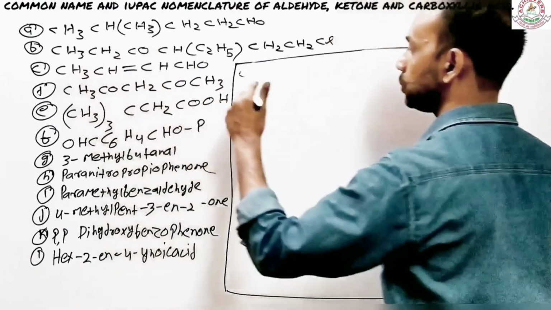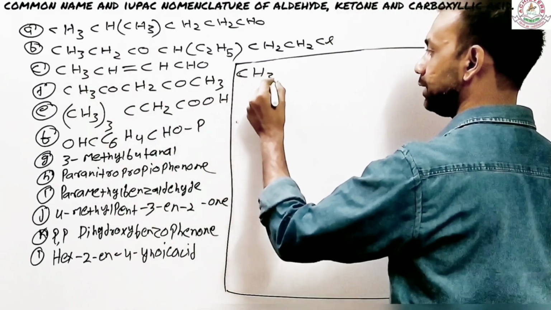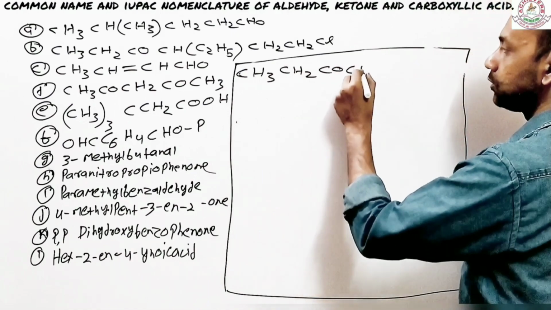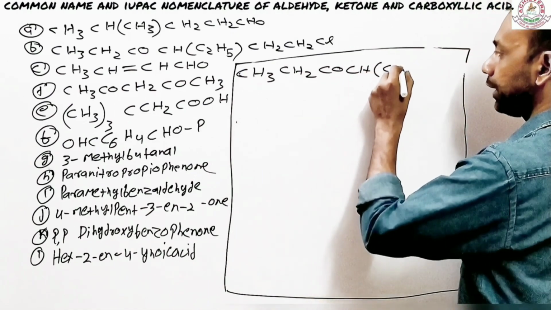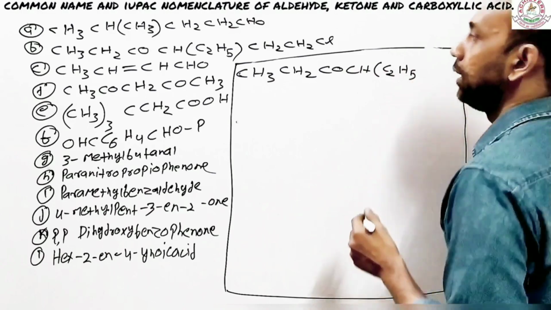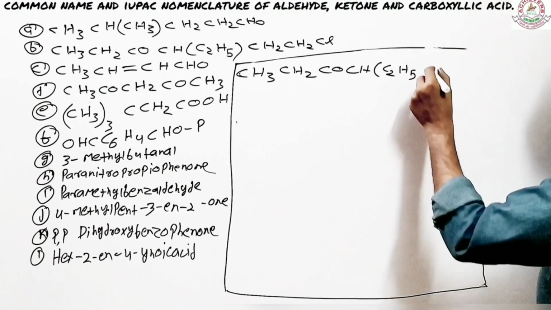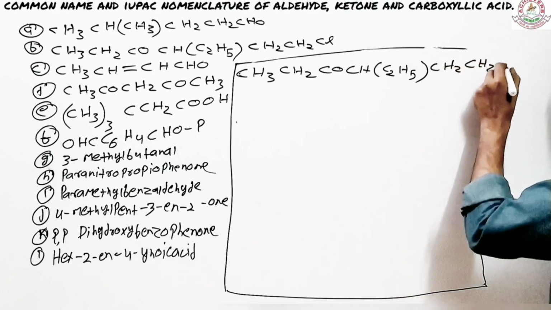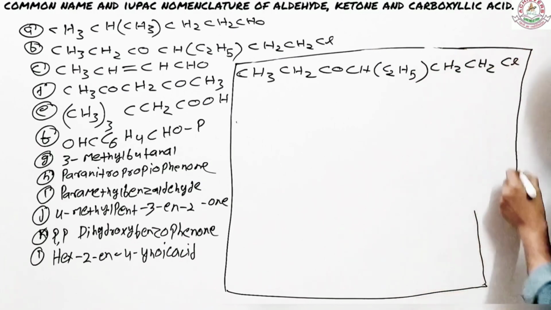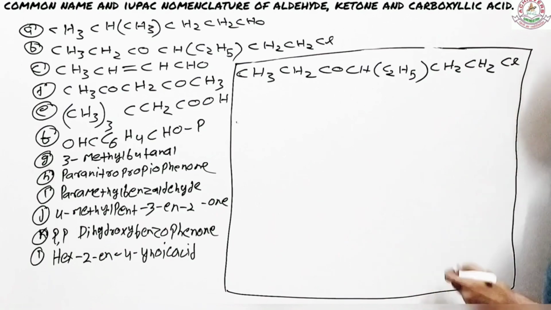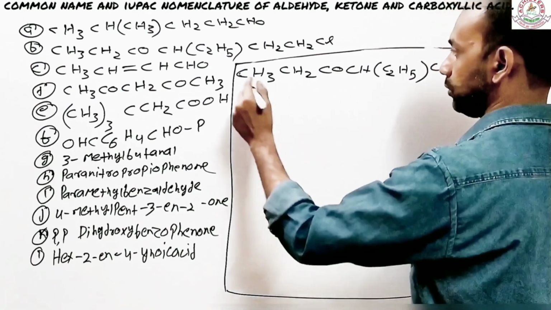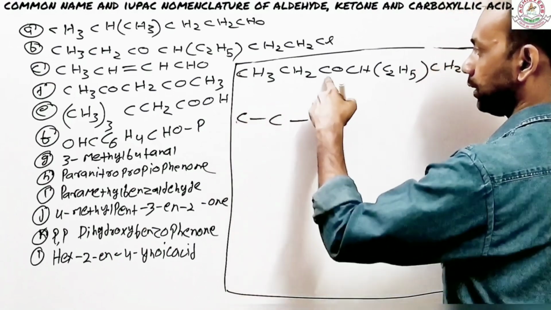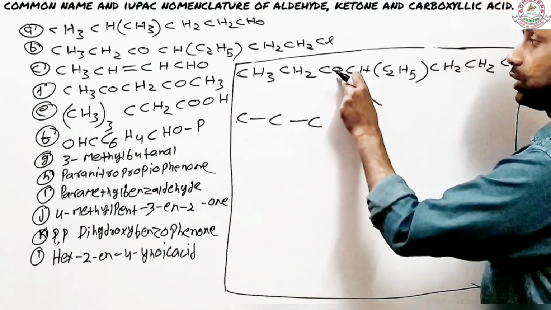This CH3, CH2, CO, then you have a CH, then you have C2H5, right? And then you have CH2, CH2, and finally you have a Cl, right? So let's go through the carbons. The first carbon, the second carbon, the third carbon you have here, but there is a ketone group here.